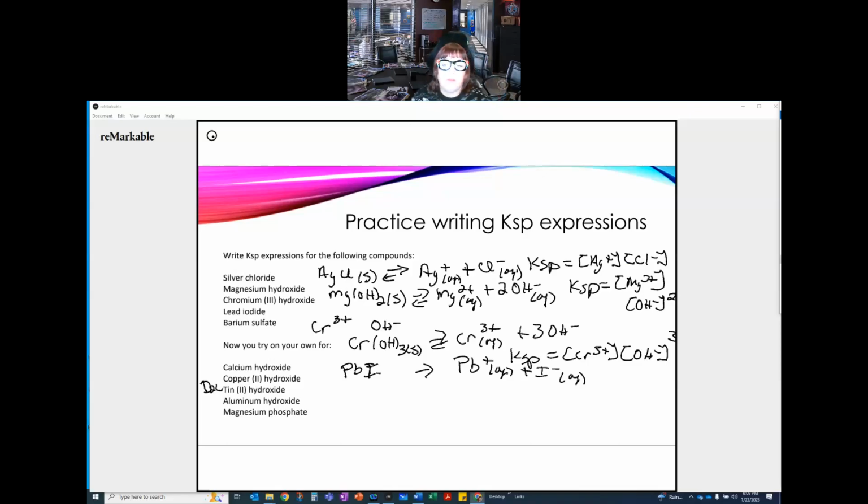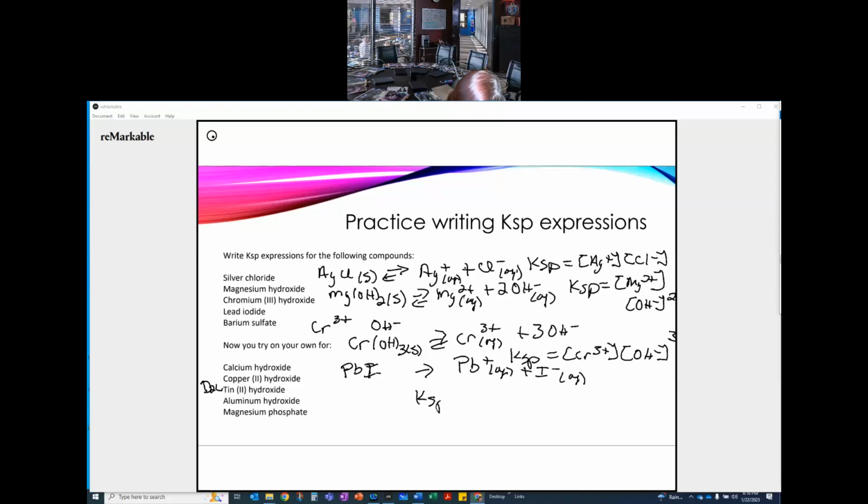Now I happen to know that it's normally PbI2, but again, this is fine. And the reason that's fine is because I didn't tell you that lead was 2+. So you can write that as PbI because we have to assume that the charge is 1 because I wasn't told what it was. Okay, so that would be a perfectly fine reaction for that.